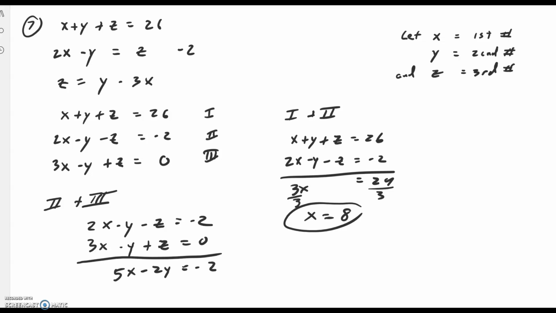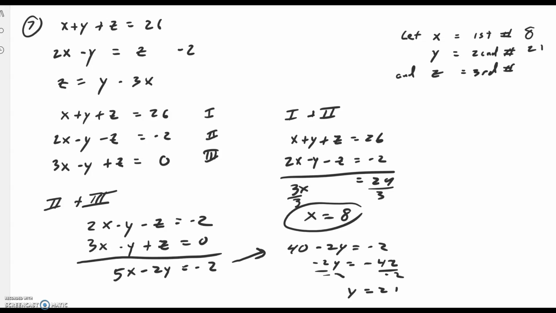I hope some of you caught that, but I certainly didn't. So now I'm going to put an 8 in here, and bring it over here. 5 times 8 is 40, minus 2y equals negative 2. I'm going to subtract 40 from both sides and get minus 2y equals negative 42. Divide both sides by negative 2 and get y equals 21.